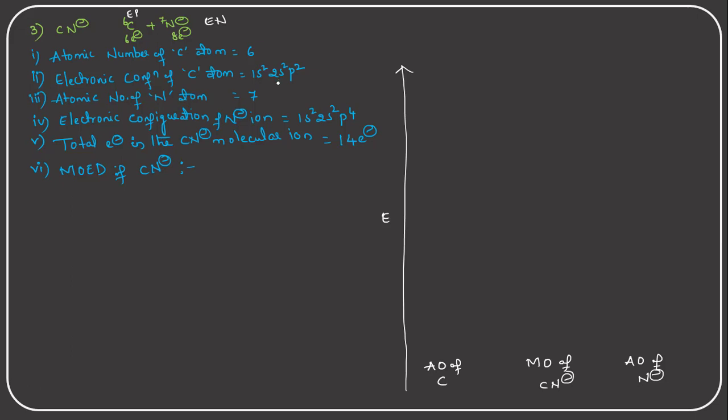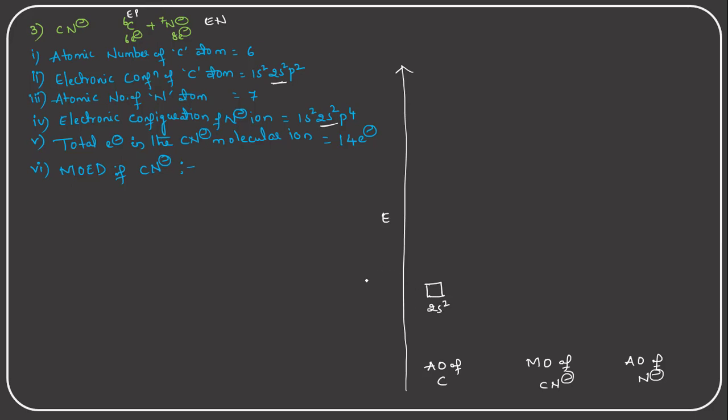Here we have to know that the electrons are present in the orbitals, and only the outermost orbitals I am showing here, and the combining of these atomic orbitals takes place in order to form the molecular ion cyanide minus. So this 2s2 orbital of carbon is combining with the 2s2 atomic orbital of the nitrogen minus ion.